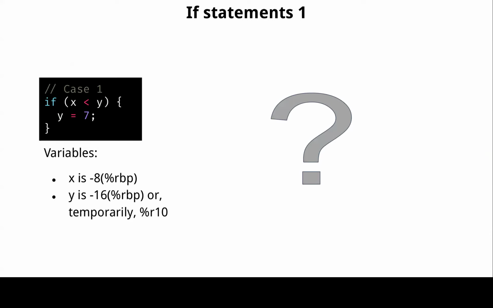Then we can use the temp register R10 in this example. We're trying to compare X and Y. Then if X is less than Y, we're going to assign 7 to Y, right? So how do we implement that if and also this compare?